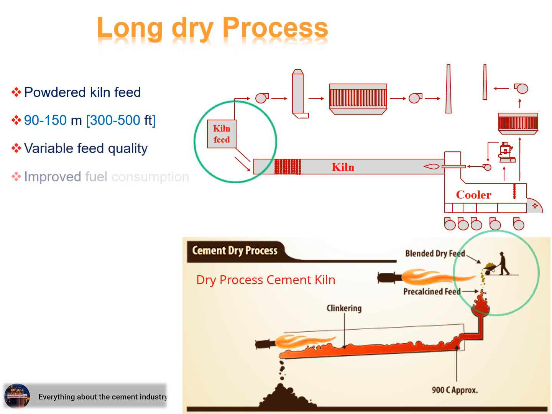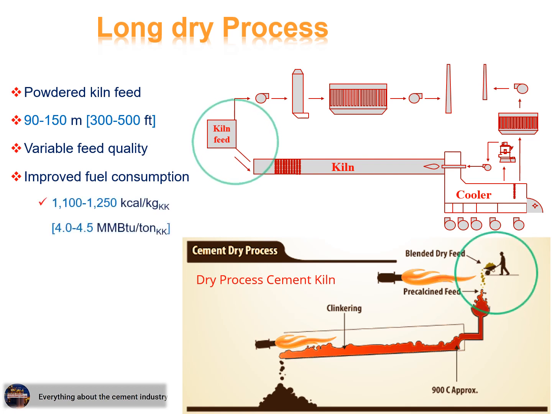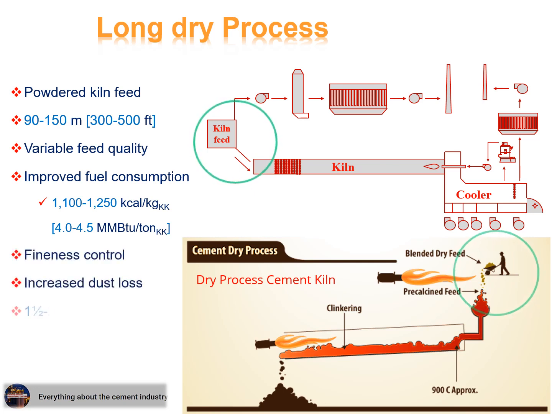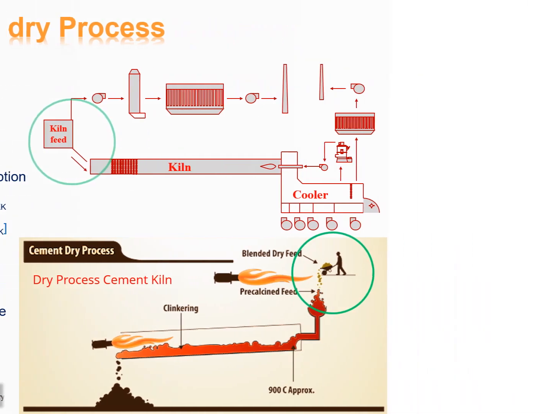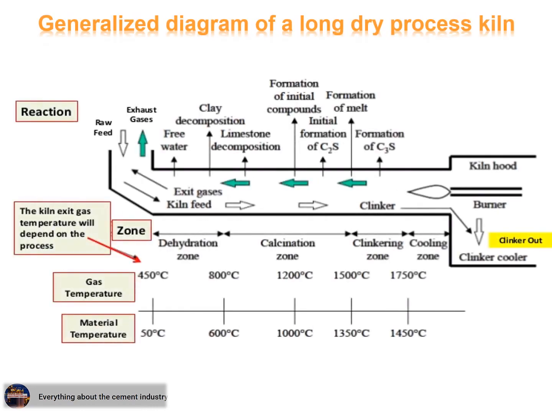Improved fuel consumption: 1,100 to 1,250 kilocalories per kilogram. Fineness control. Increased dust loss. 1.5 to 2 hours residence time. In this slide, we show the generalized diagram of a long dry process kiln.